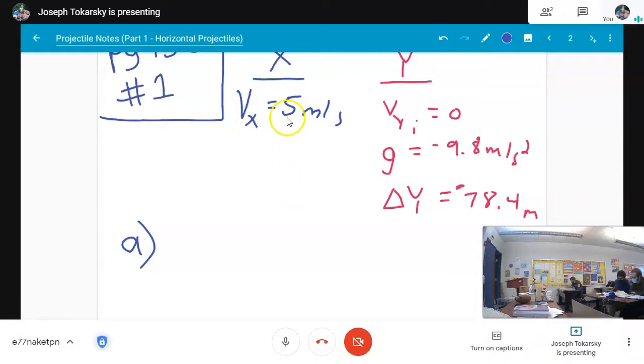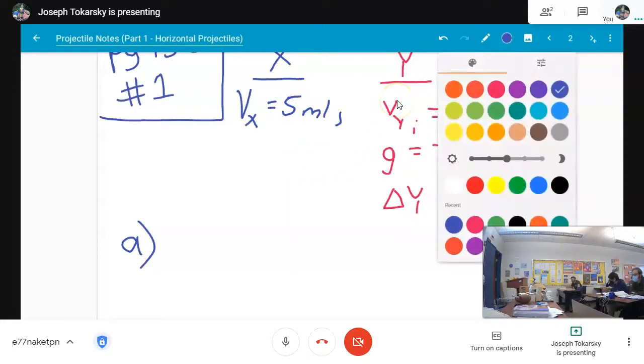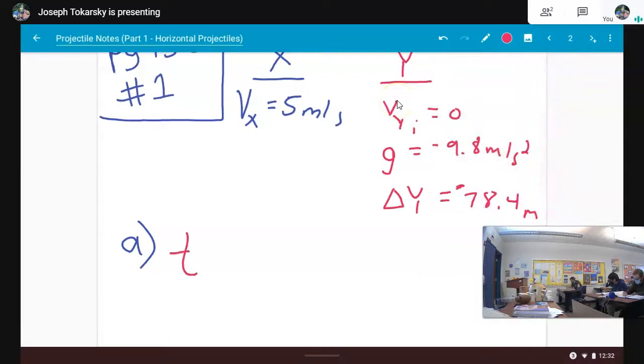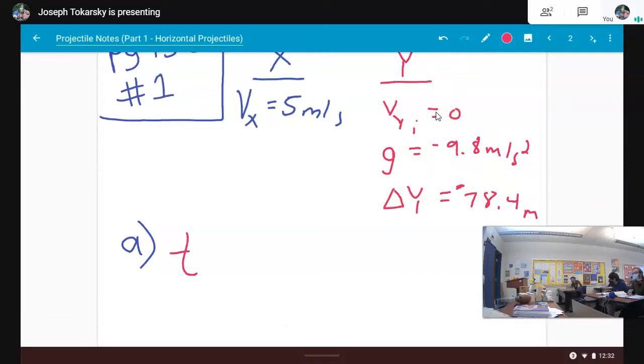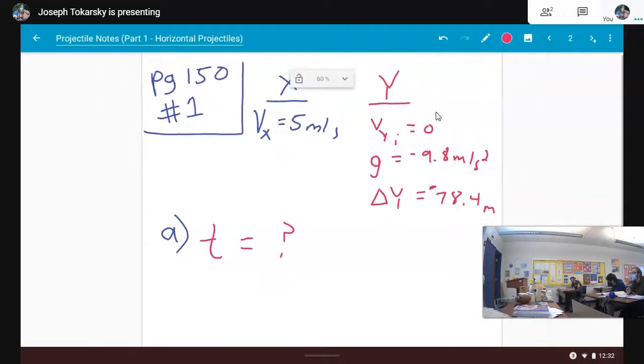Doesn't seem like we have much information in the X column, right? So it'd make the most sense to look over here. We have to find T, and we're looking good because we have three things over here. What equations are we allowed to use on this axis? The kinematic ones, slightly adjusted for this topic.